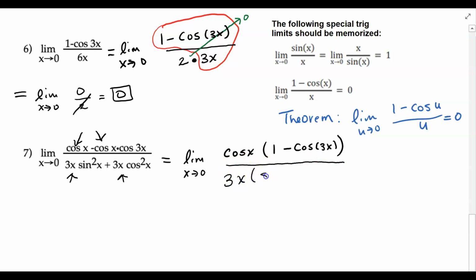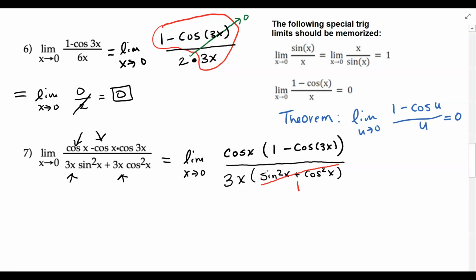And so then that's going to leave me with sine squared of x plus the cosine squared of x. Now, looking at it, I see something really nice: sine squared plus cosine squared, and if you know anything about the Pythagorean identities from pre-cal, it's that sine squared plus cosine squared is 1. So that's going to be 1 right there.